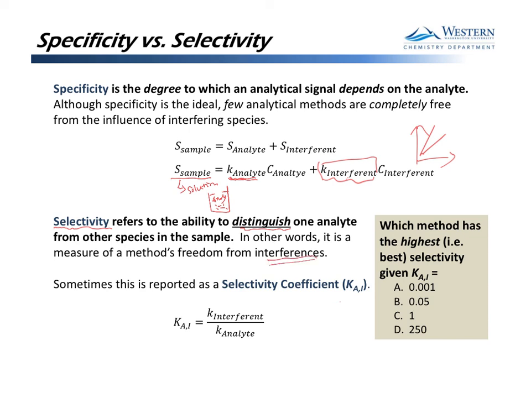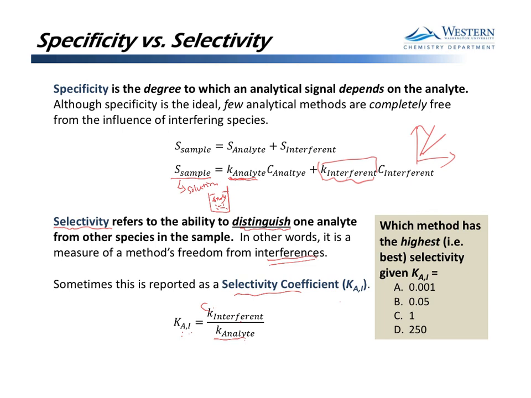So it means how well it can pick out the signal from all the information you got, how well it can distinguish the analyte from others. Sometimes this is reported as the selectivity coefficient, K of A, I, and interference. And this equals the slope of the interference divided by the slope of the analyte.